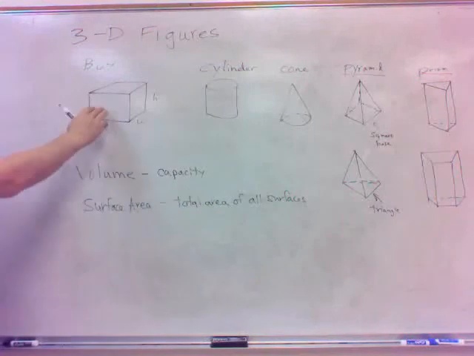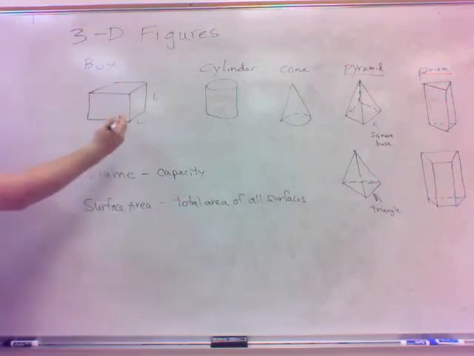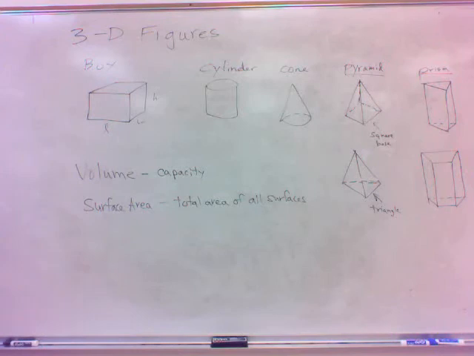Like on the box, we take the front and the back, the area of that, the two sides, the area of that, add those all together, then the top and the bottom, add that to it. Just add the areas of all the surfaces together, called the surface area, for obviously good reason.